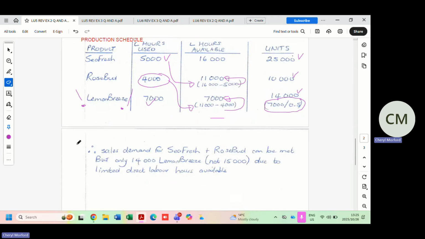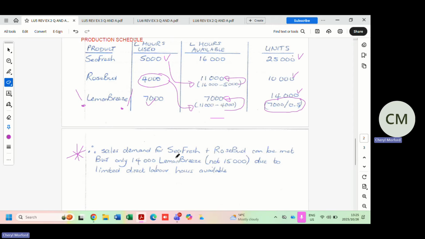And then here, very important, you don't want to lose marks for nothing. The question asked you how many units of each they should make. So make sure that you have actually written that. Don't just leave it there in your production schedule. Do a little sentence clearly stating how much can be made.